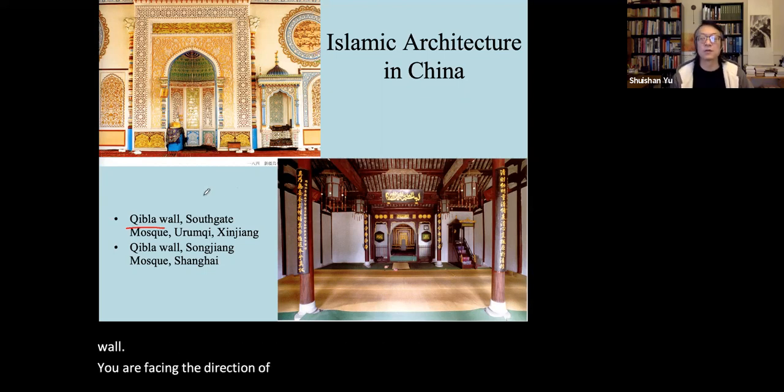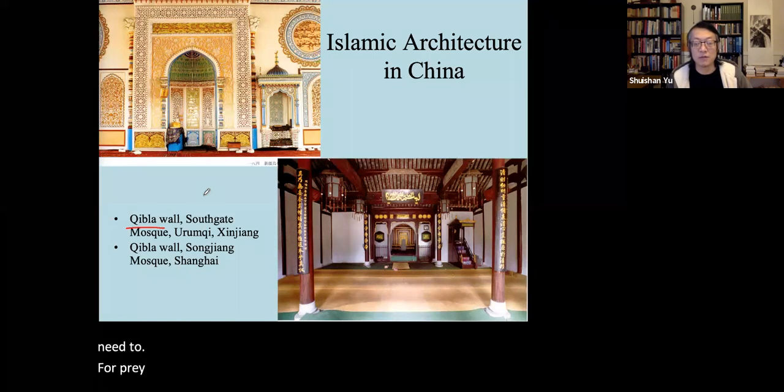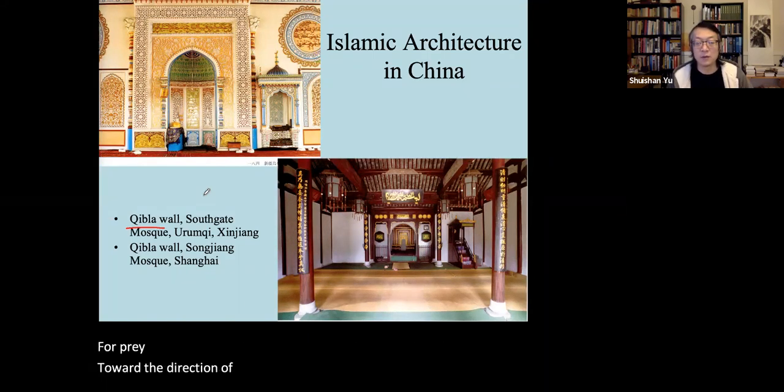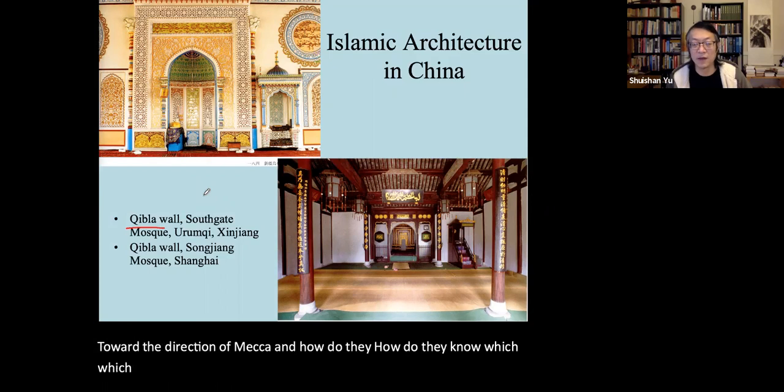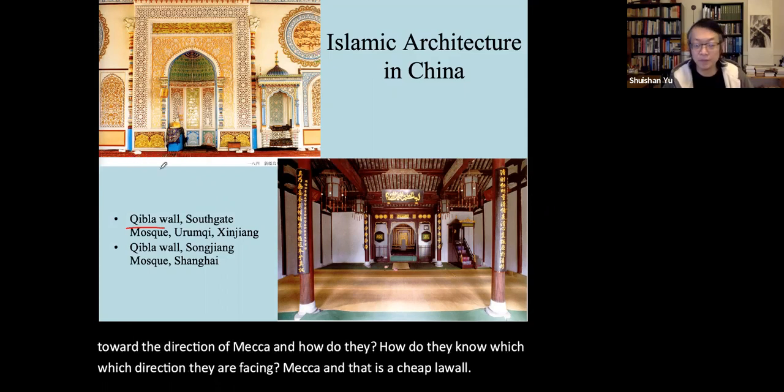And that is required for the Friday prayer. So Muslims gather in the mosque and they need to pray toward the direction of Mecca. And how do they know which direction they are facing Mecca? And that is the Qibla Wall, right?